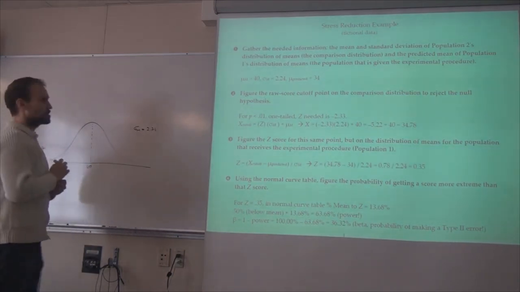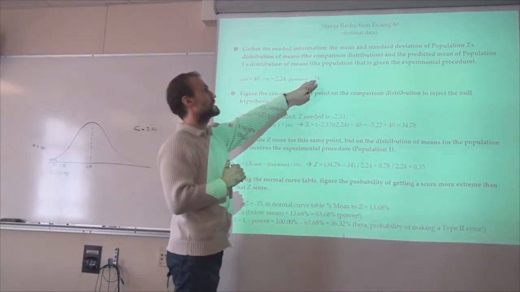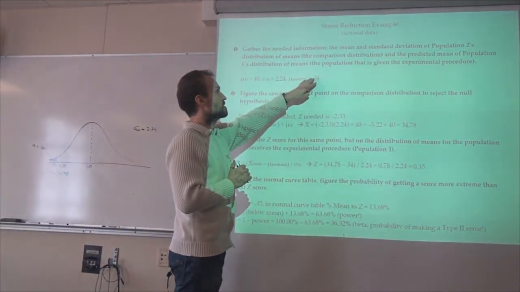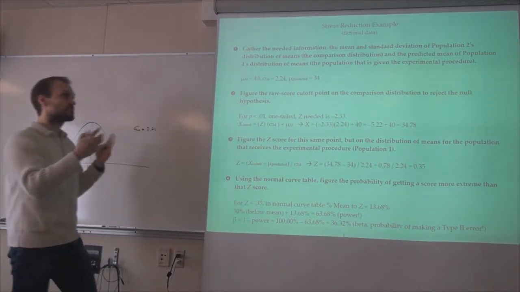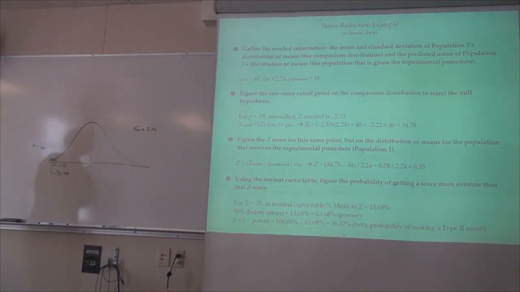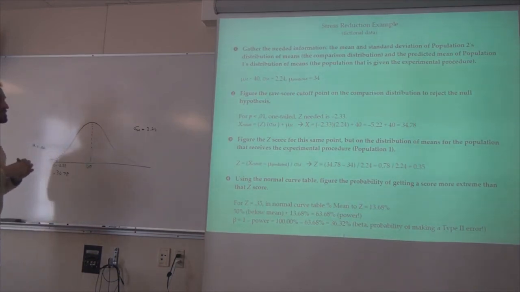So now I'm going to use my sample mean as the predicted mean of the shifted population if the research hypothesis is true and there has been a decrease.